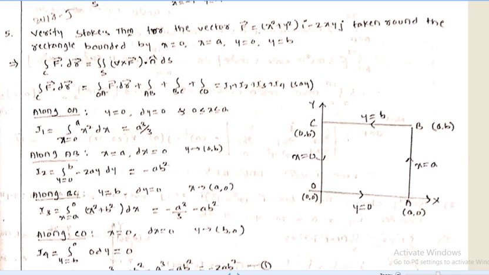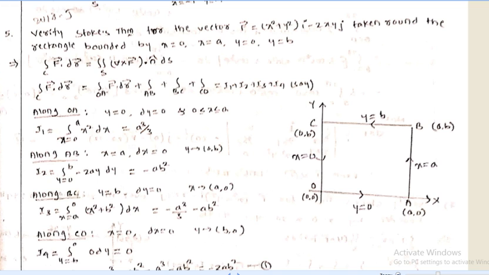So here we'll take the rectangle OABC. The sides are y = 0, the x axis; x = a, the line parallel to the y axis, AB; y = b, the line parallel to the x axis, BC; and CO, the line denoted as x = 0, the y axis.